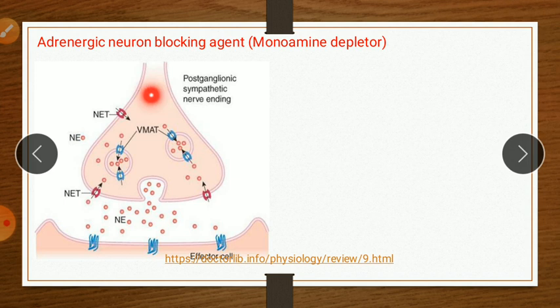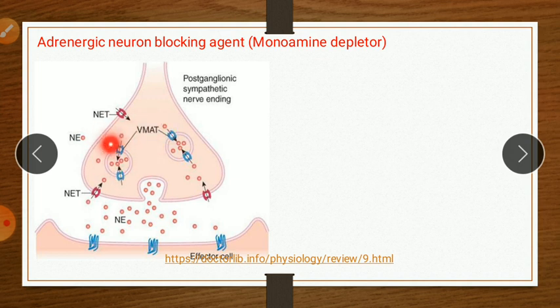So this VMAT is responsible for transport of noradrenaline from cytoplasm to storage vesicle. This drug, called an adrenergic neuron blocking agent or monoamine depletor, blocks this VMAT and therefore blocks the storage of noradrenaline.